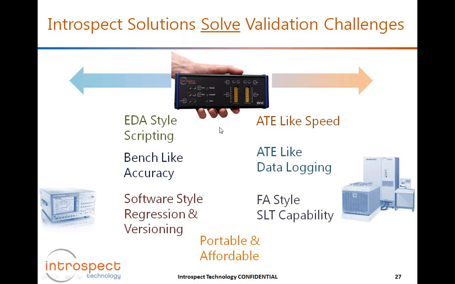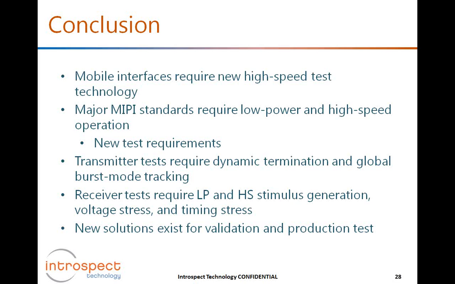So in conclusion, we have described the mobile interface industry in great detail and showed how the MIPI Alliance has really created standards that help proliferate high-performance computing on mobile terminals like smartphones and tablets. These standards are terrific in what they could achieve.